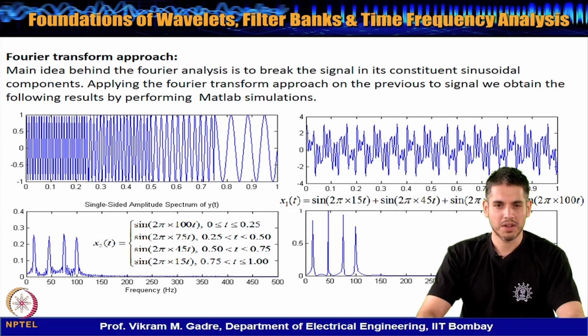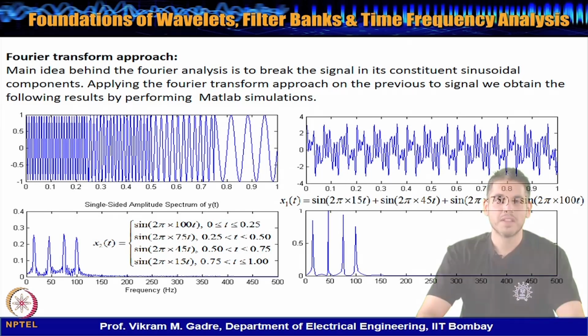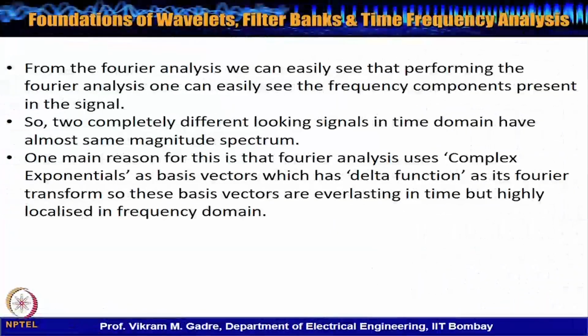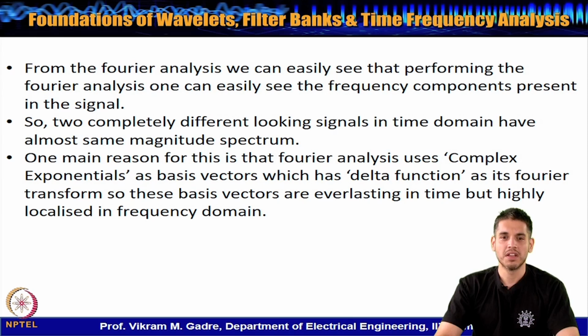I would like you all to think about why this problem arises with Fourier analysis. One hint is that if we look closely at the Fourier analysis formula, the basis that we are using are the complex exponentials, and complex exponentials are made up of sine and cosine waves, which are everlasting waves in the time domain.